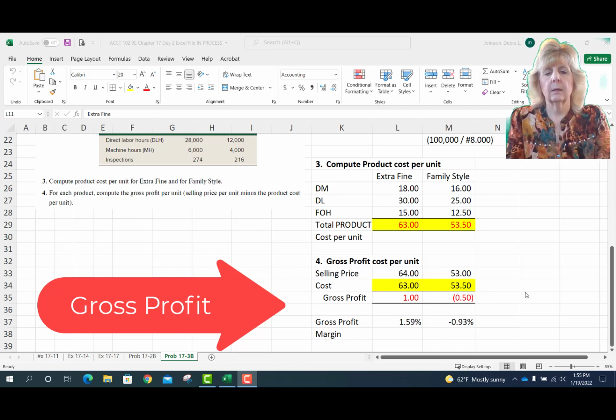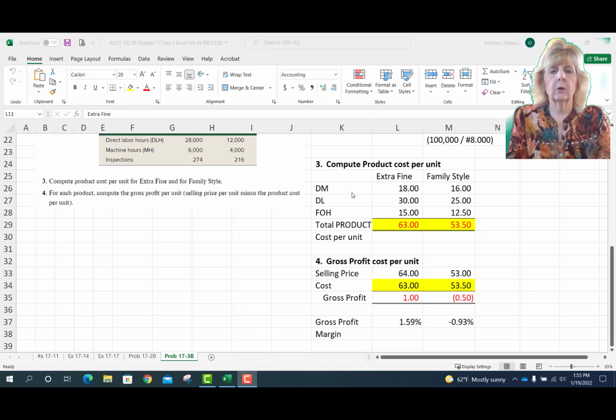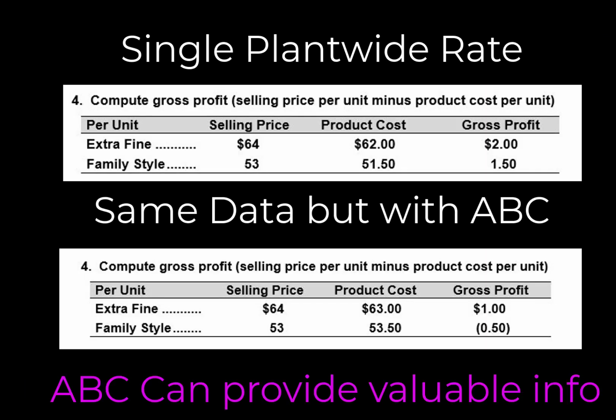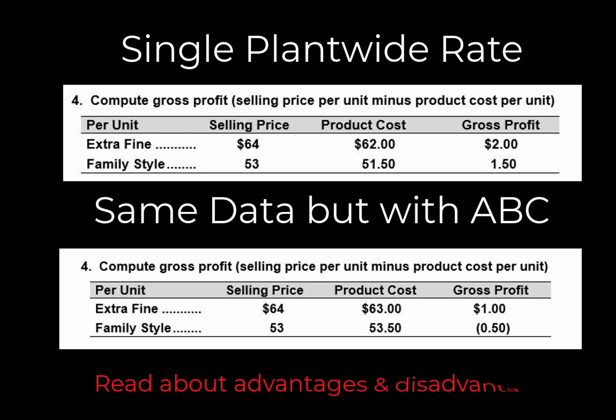Take a moment and compare these gross profits and gross profit margins to the previous problem where we used a single plant-wide rate. What conclusions can you come to based on the results of both? We mentioned that a very big advantage of using activity-based costing was that it could be used to identify activities that needed process improvement.